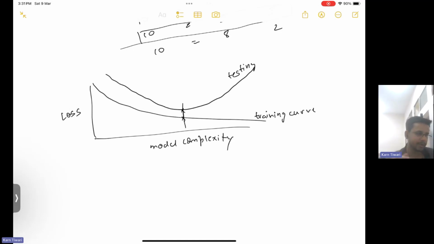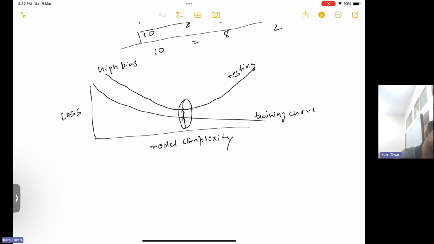The whole thing about adding noise and regularization is just finding this sweet spot where our testing error is as minimal as possible. That's why we do all of this. If the model complexity is very low, it is a simple model, so it will have high bias.